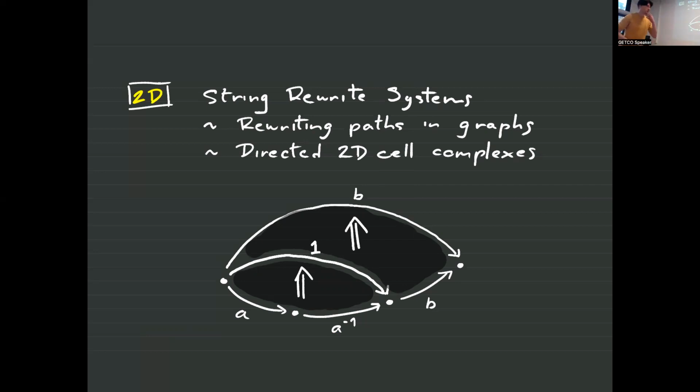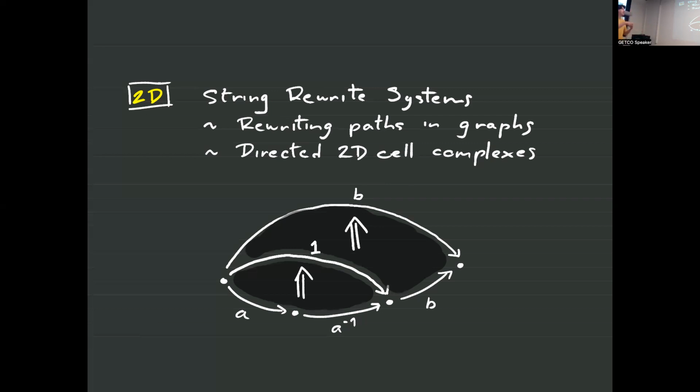But now the leap that we do to topology is that words can be seen as paths in a graph which has a single vertex and one edge for every character of our alphabet. And so rewriting words or subwords can be seen as rewriting paths in this graph.